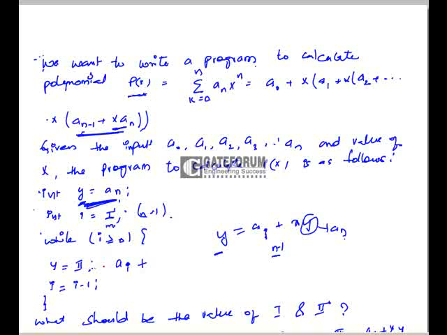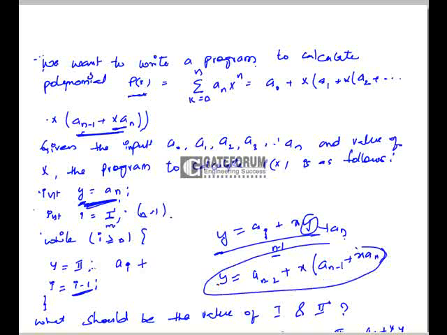After decreasing i value, we'll be getting n minus 2. Then y will become a n minus 2 plus x into y. Now y is this whole thing, which was a n minus 1 plus x into a n. So this will be the y value.